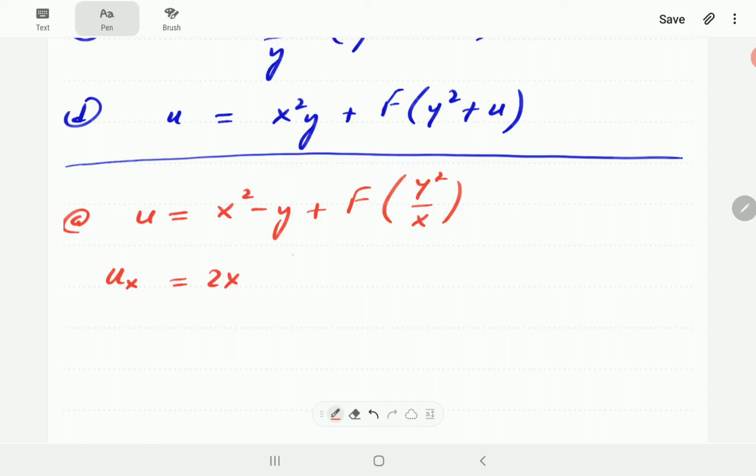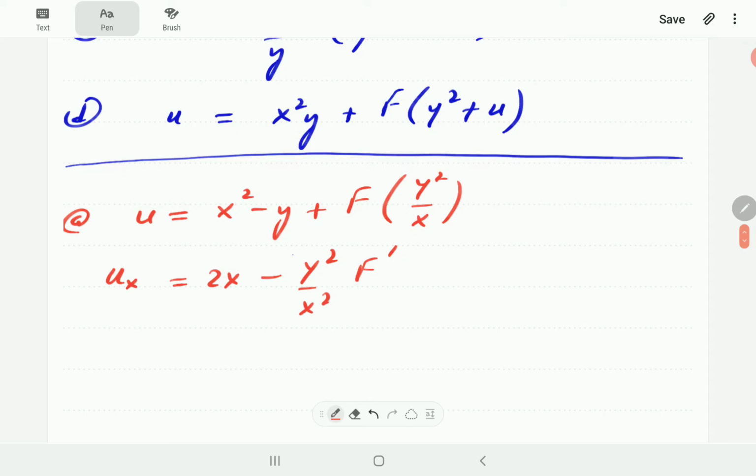The derivative of y is going to be 0 because this is the partial derivative of everything with respect to x. Then for the derivative of this thing, we're going to have to use the chain rule. We've got x in the denominator, so that is going to give us minus y squared over x squared, and then times f prime.